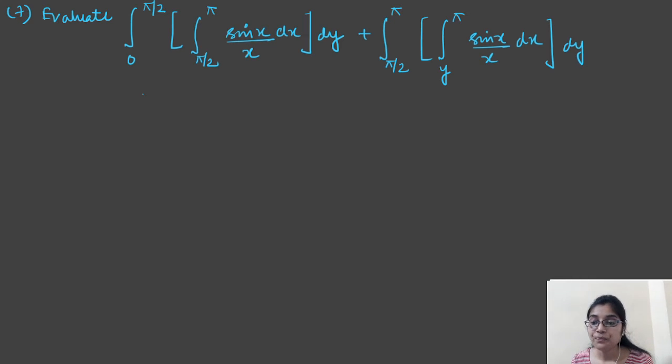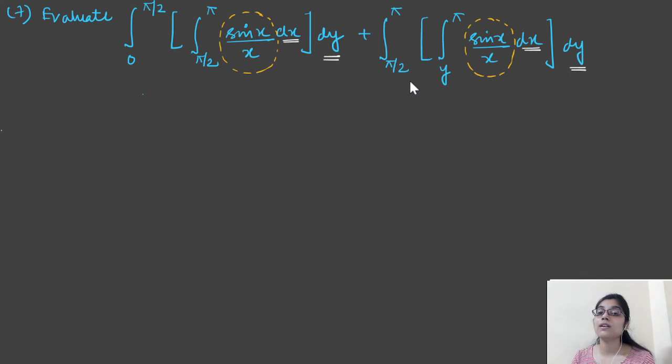First, in both the integrals, the function that we have to integrate is the same: sin x by x. And in both, they are integrating first with respect to x and then with respect to y. That is why the limit of x is in terms of y.